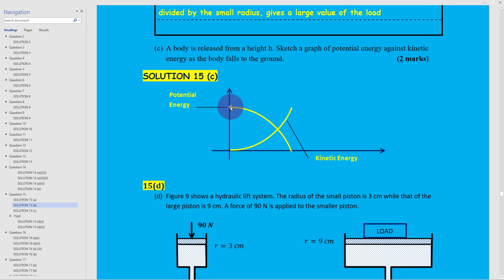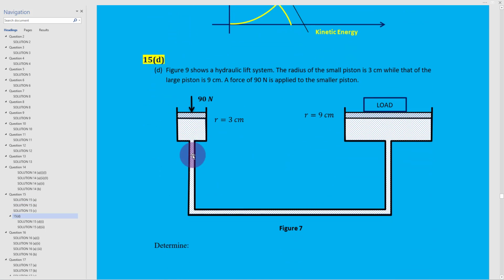Kinetic energy is very high just before the object strikes the ground, in which case now the potential energy is just equal to 0, while potential energy was very high just before the mass was released. Let's look at 15D.